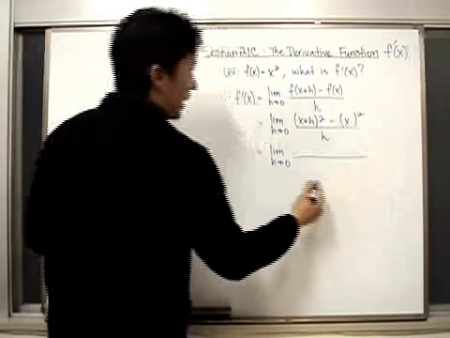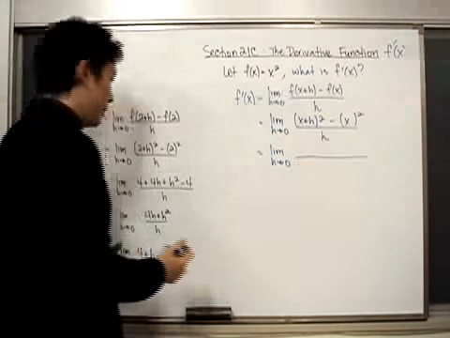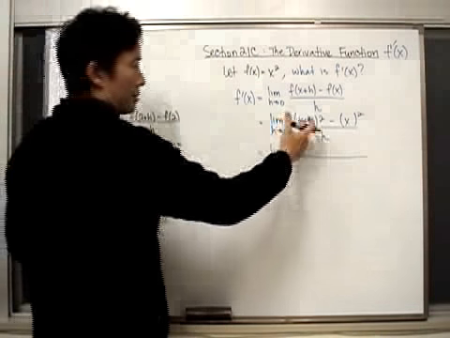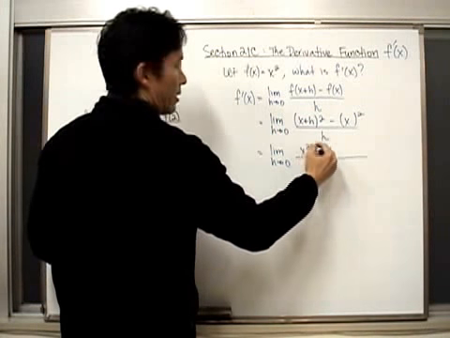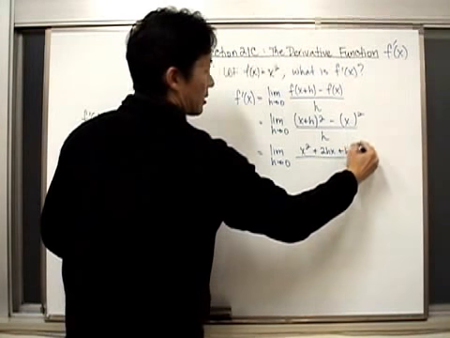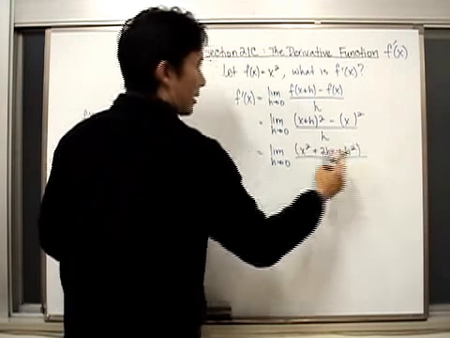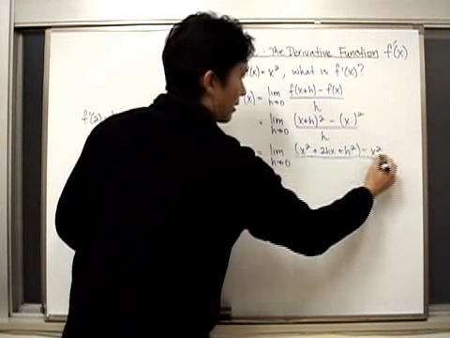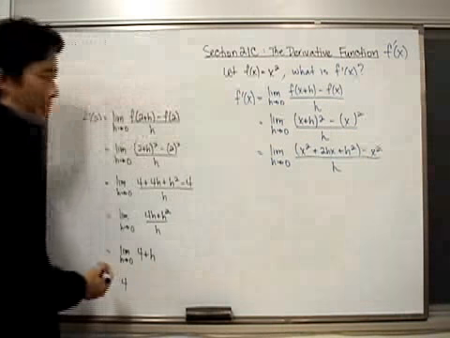If we expand this, we do exactly the same thing with the expansion that we did here. This is using the FOIL method, so we have x squared plus 2hx plus h squared. Okay, that's what that is. And then of course minus x squared, and then divided by h.